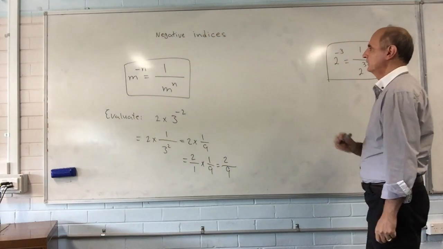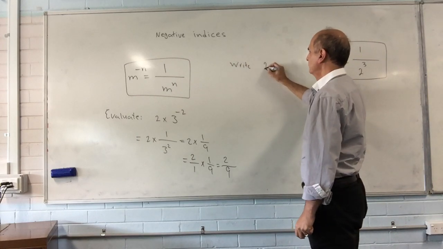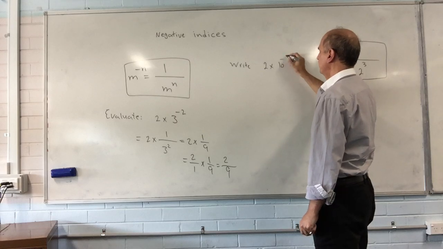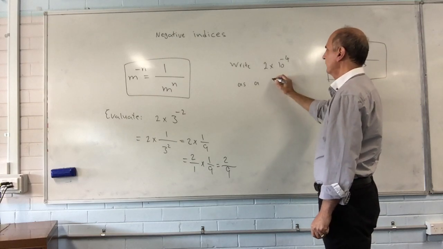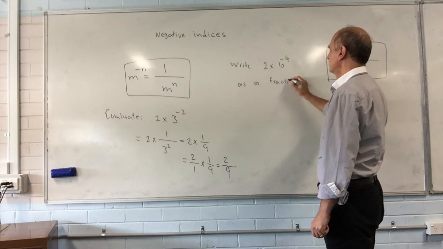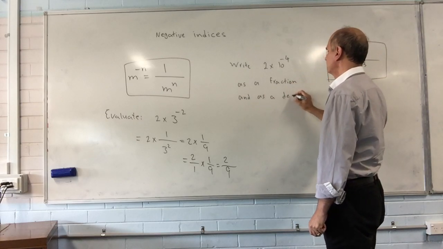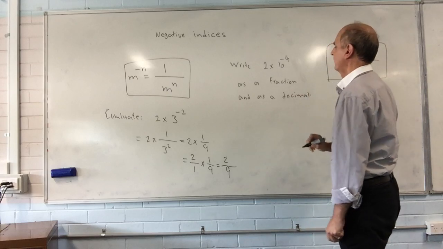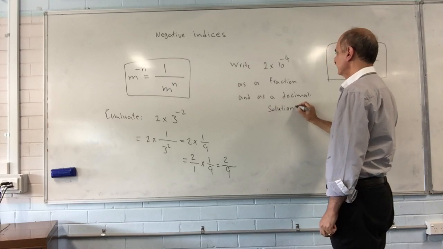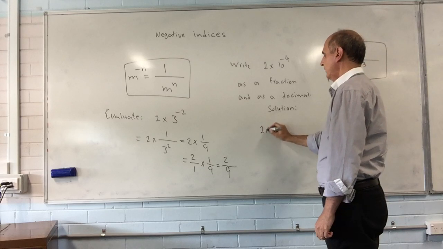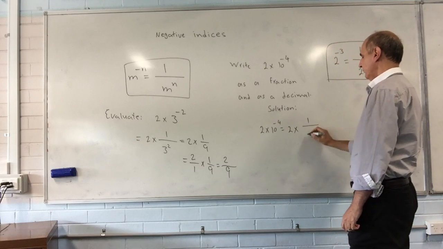Or they might ask us to write 2 times 10 to the minus 4 as a fraction and as a decimal. What we do here is write 2 times 10 to the minus 4 as 2 times 1 over 10 to the 4.